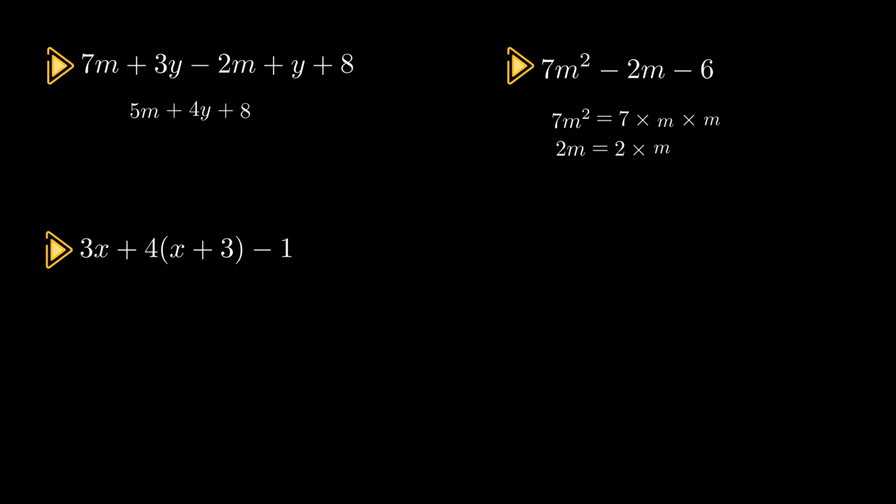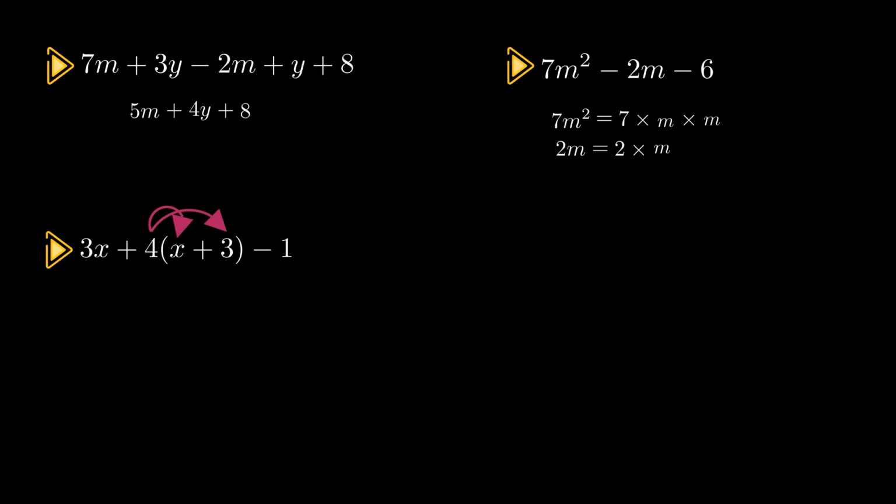The distributive property is a way to simplify an expression by distributing a number or variable to all terms inside the parentheses. So in this expression, 4 times x plus 3 can be simplified by distributing the 4 to both x and 3, meaning the multiplication of 4 and x and 4 and 3.